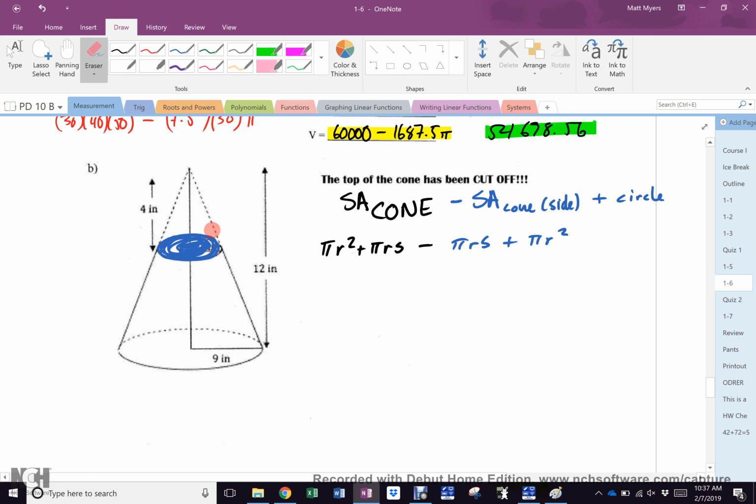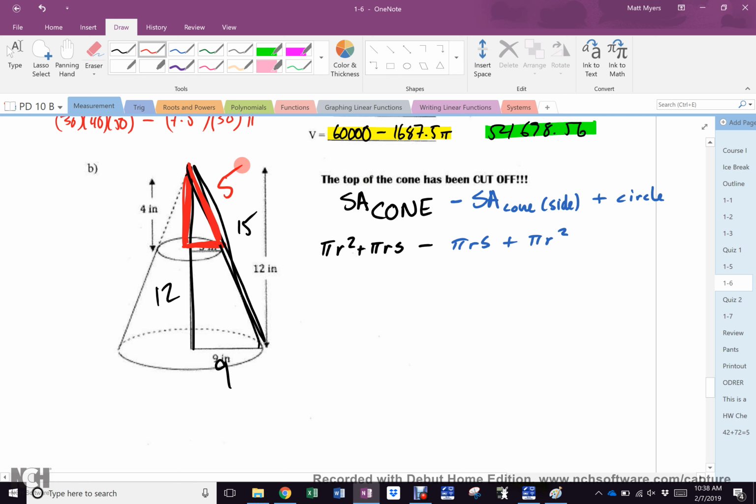Now put in your numbers. Do I know any slants? No, but I do know that this is 12 and this is 9, so this must be 15. And I know that this is 4 and this is 3, so that must be 5. And now I know my slants. Mr. Myers, how did you know those slants? Because I've done Pythagoras a few times in my life.